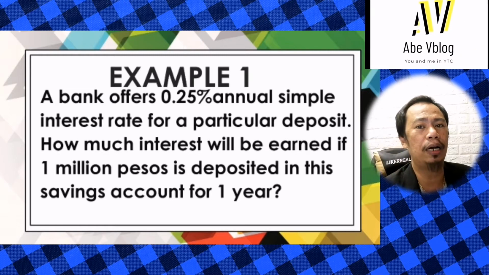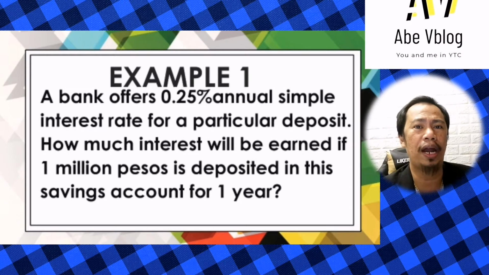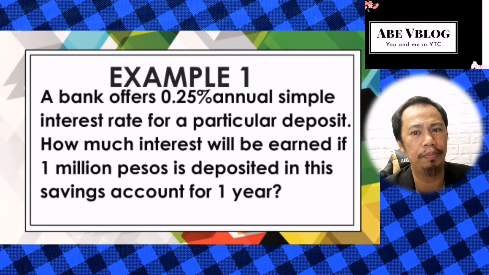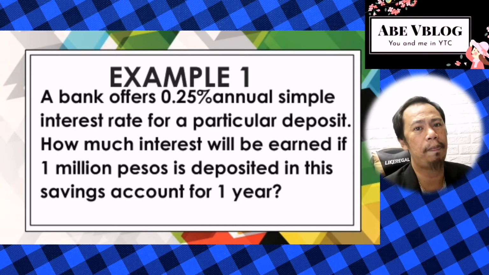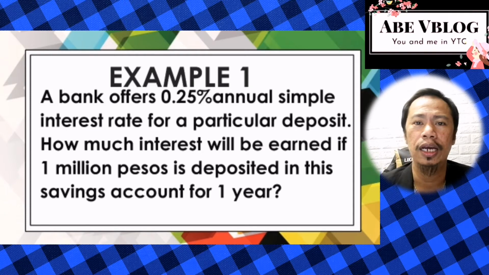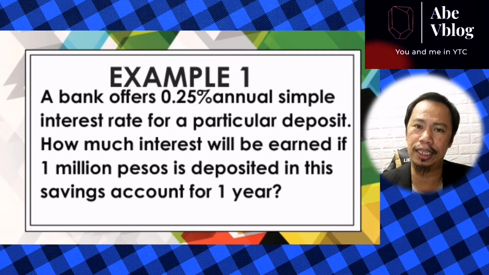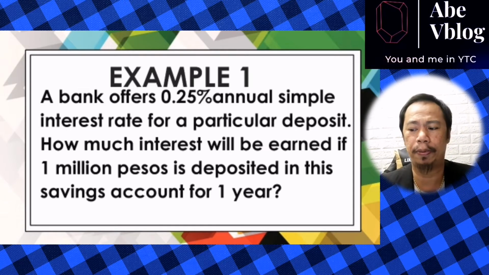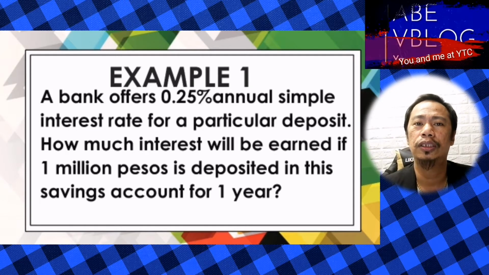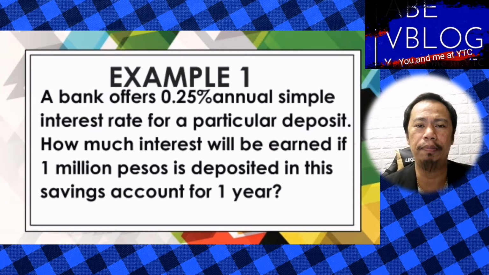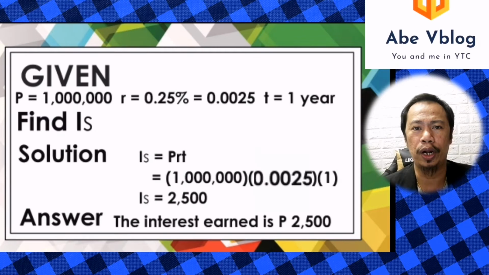So magkano nga ba ang tutubuin niya sa 1 year kung meron siyang 1 million na idideposito sa bangko? Ang tandaan, ang interest rate lang ay 0.25%.